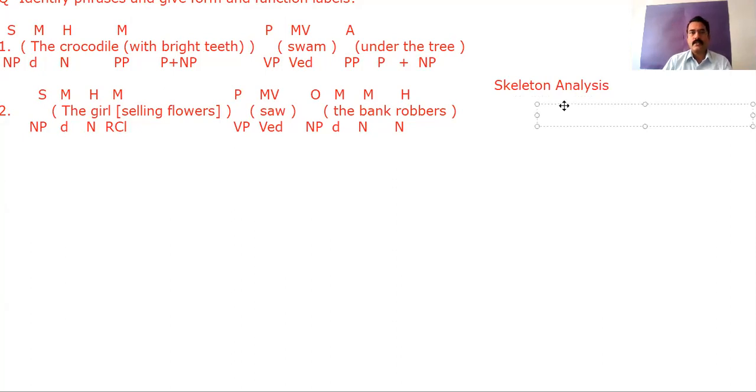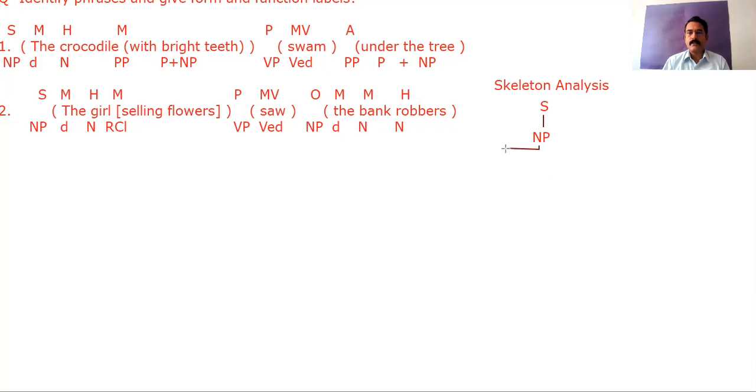The function of the phrase, the girl selling flowers, is subject. Then the form label, NP. So it is NP functioning as subject. Then we have to see how many elements are there in this NP. There are three elements: M, H, M, pre-modifier, head, and post-modifier. So we have to draw three branches to this NP.